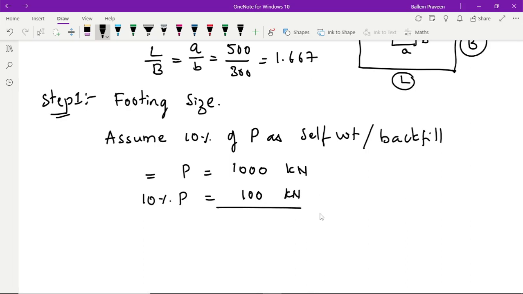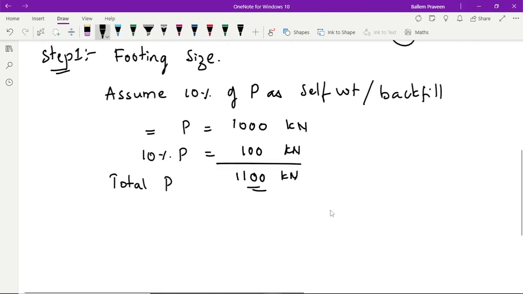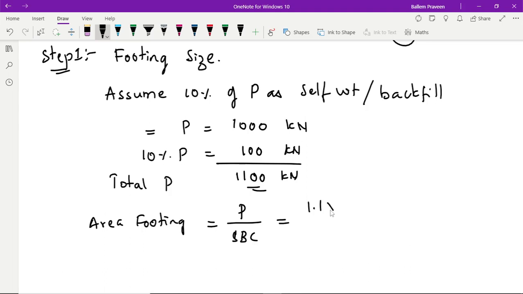Now total P, your total load is equal to 1100 kilonewtons. So now the area of footing will be P divided by SBC, or another way you can write this formula as 1.1 into P divided by SBC.